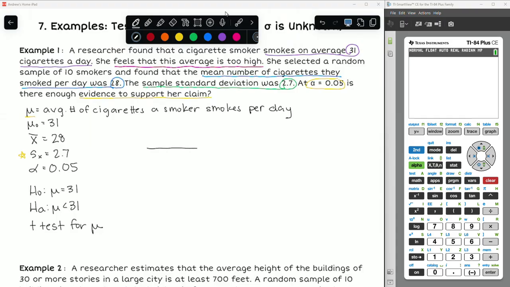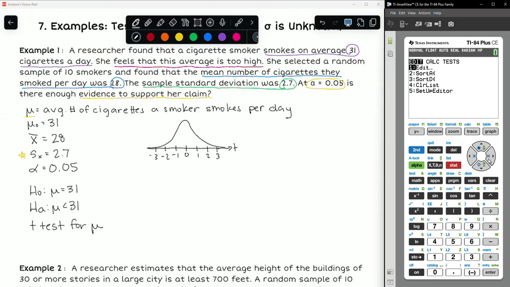So I'm going to draw my student t-distribution. And then I'm going to use on our calculator, stats, tests, t-test. T-test is for a student t-test for a single mean.